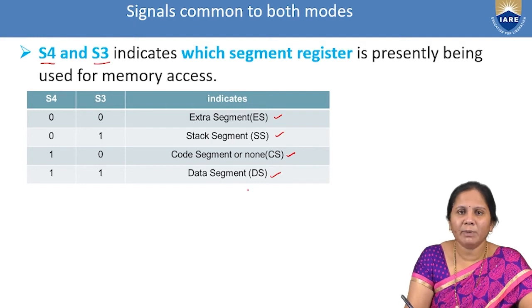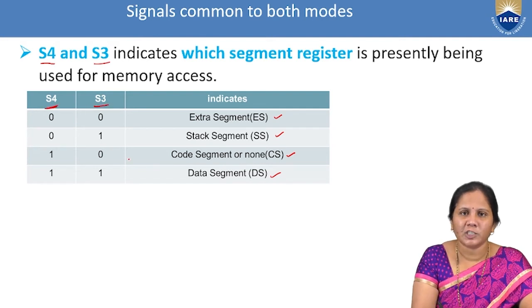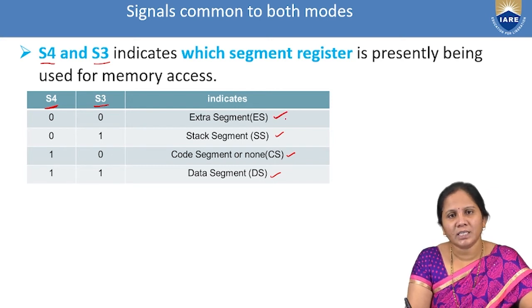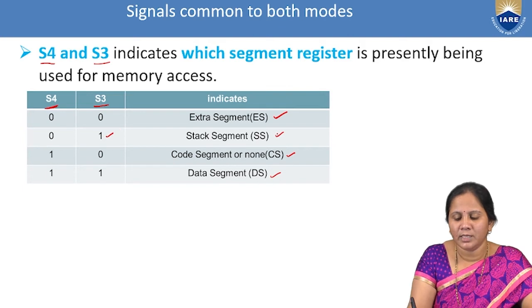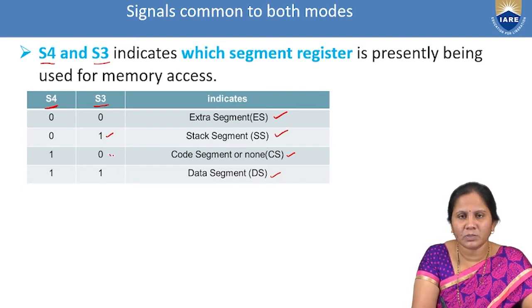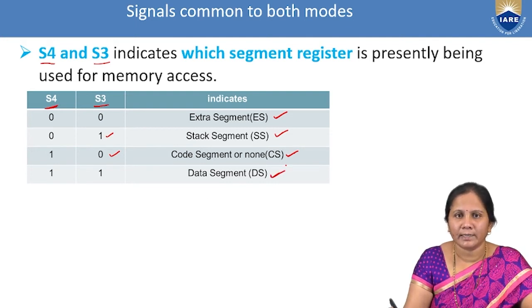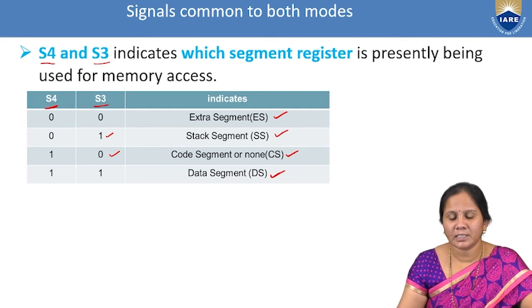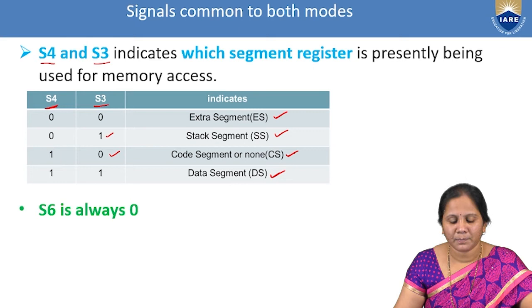Which segment register should be selected is decided by the two status signals S3 and S4. If it is 00, extra segment is selected. If it is 01, stack segment is selected. If it is 10, code segment is selected. If it is 11, data segment is selected. So S3 and S4 are meant for selecting the segment registers.